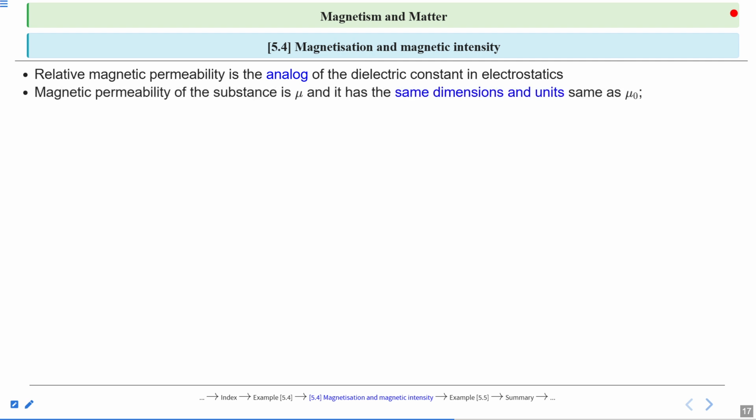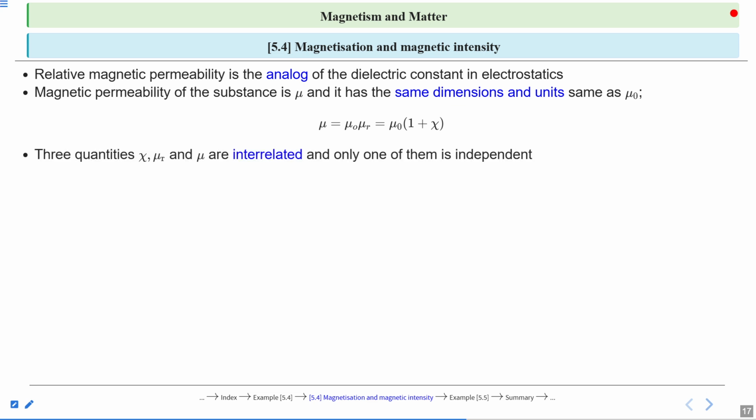The magnetic permeability of the substance is mu, and it has the same dimensions and units as mu naught. Mu r has no dimensions, because mu r is equal to mu by mu naught, the ratio of the same quantities, so it is dimensionless and unitless. So mu is equal to mu naught mu r, and mu r is also represented by 1 plus chi.